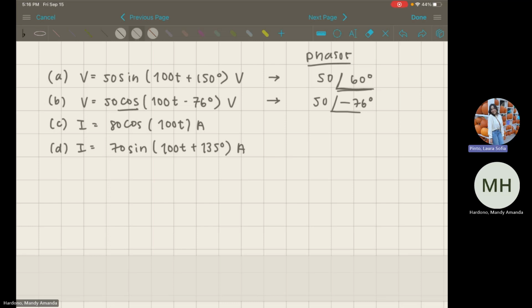And because it's cosine, you can just take this angle and just transfer it here. You don't have to do any changes when you convert it to phasor domain. Does that make sense?